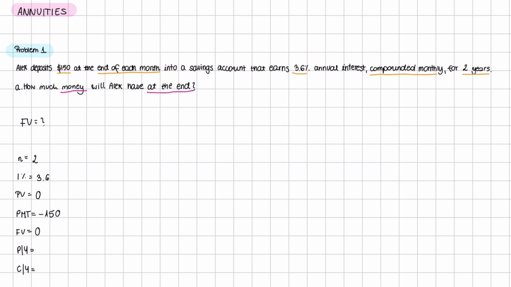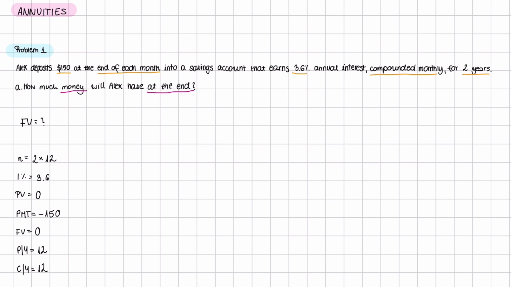We have compounded monthly, so for sure C/Y is 12, and P/Y is also 12, but we have to include it into our N, so also 12, 2 years times 12, because we have compounded monthly, so it's also connected because our interest rate, we earn it every month.